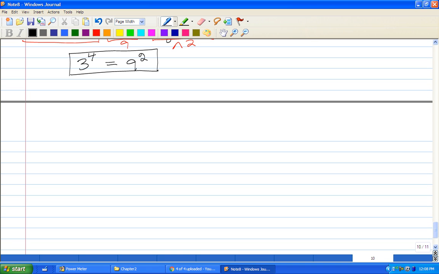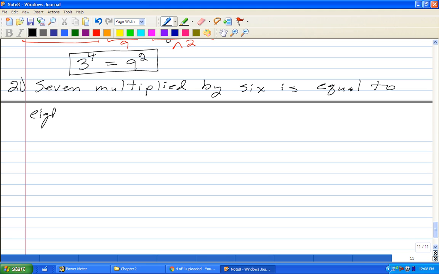Let me do problem number 21. Seven multiplied by 6 is equal to 84 divided by 2.